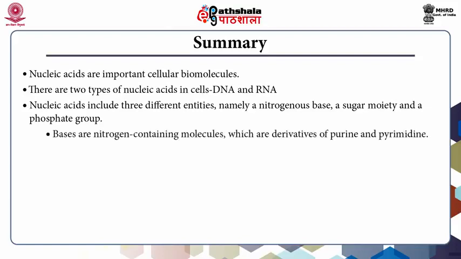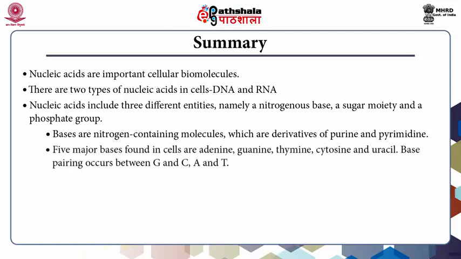Bases are nitrogen containing molecules which are derivatives of purine and pyrimidine. Five major bases found in the cells are adenine, guanine, thymine, cytosine and uracil. Base pairing occurs between G and C and A and T.